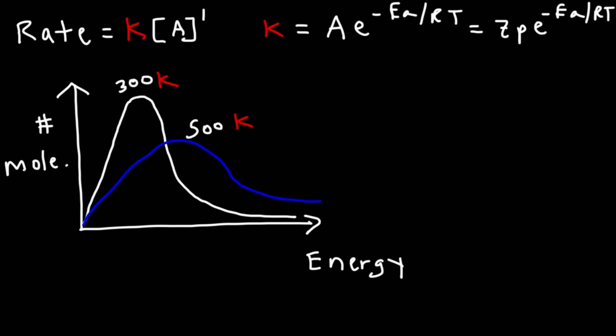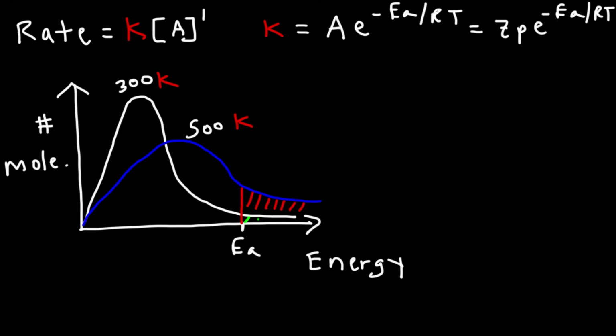And somewhere along the x-axis, we're going to have EA, the activation energy. So anything above EA represents the fraction of molecules having sufficient energy, sufficient collision energy, so to speak, enough so that they can overcome the energy barrier to make the reaction go.